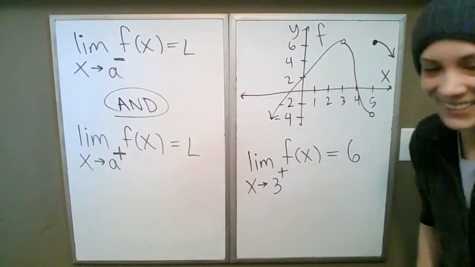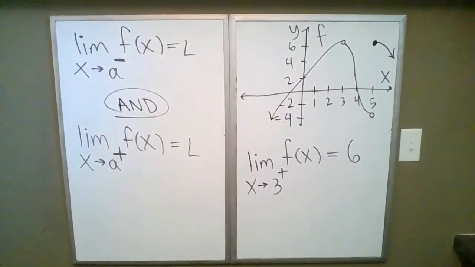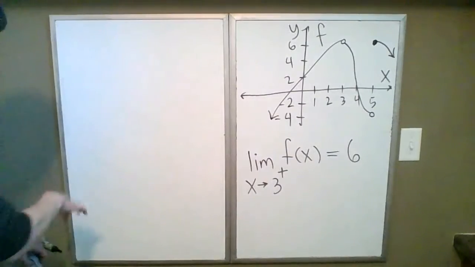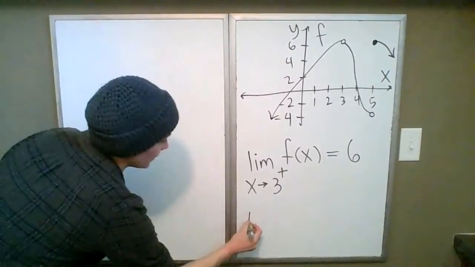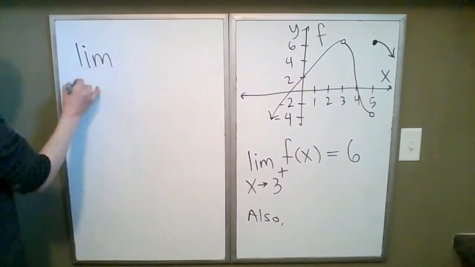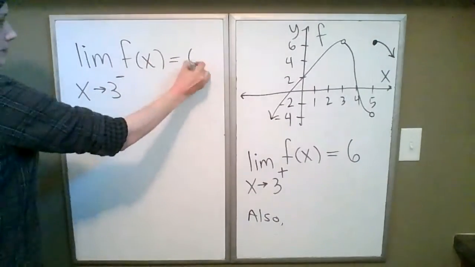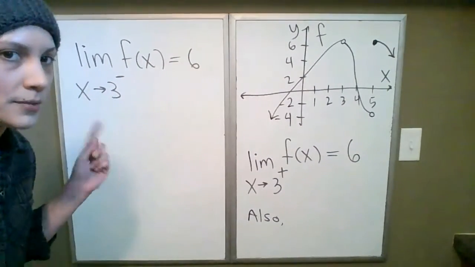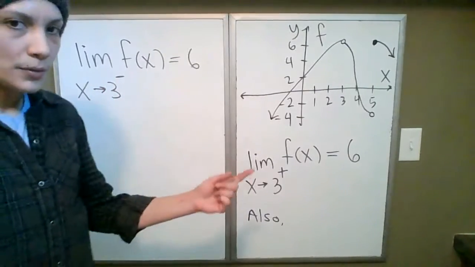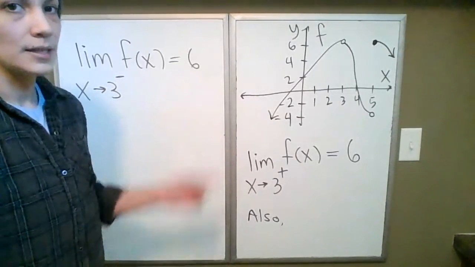Yes. Okay, we'll write that down. So the limit as x goes to 3 from the left of your function f of x is also 6. And since they both exist and they're equal to each other, we can say that the limit as x goes to 3 from both sides is 6.